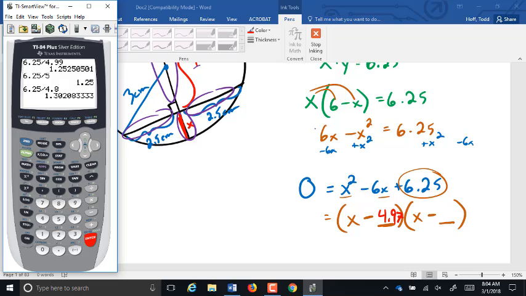That's 6.1. That's too big yet at 4.8. So let's do 4.7. That's 6.02. That's closer. Let's do 4.65.